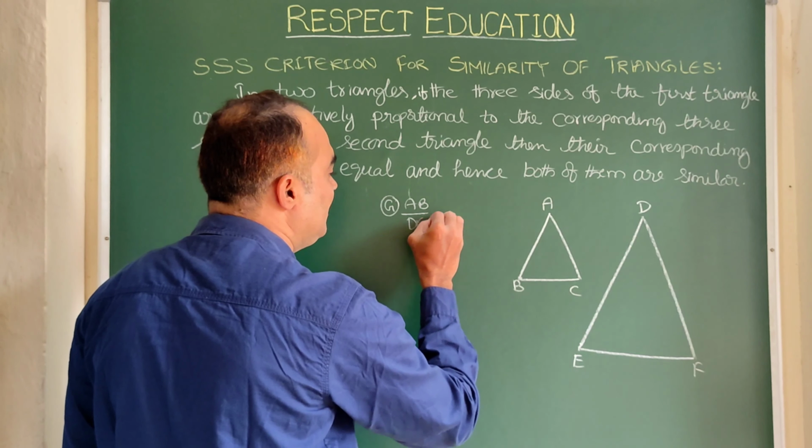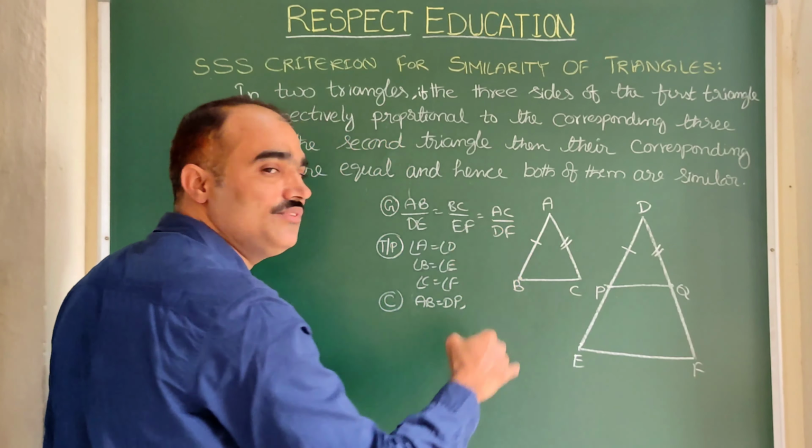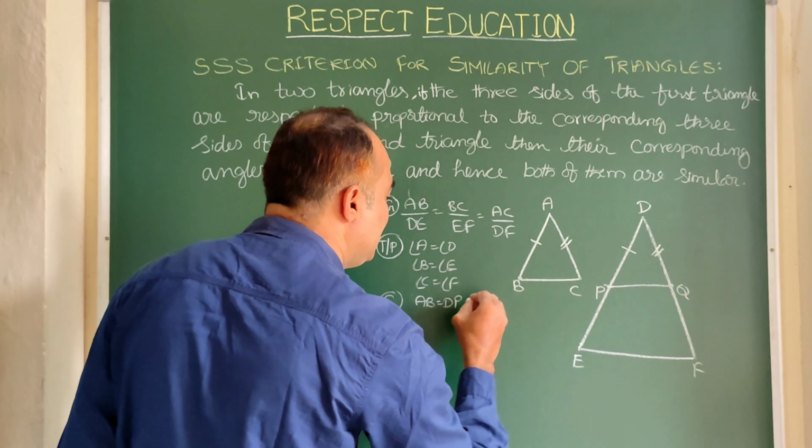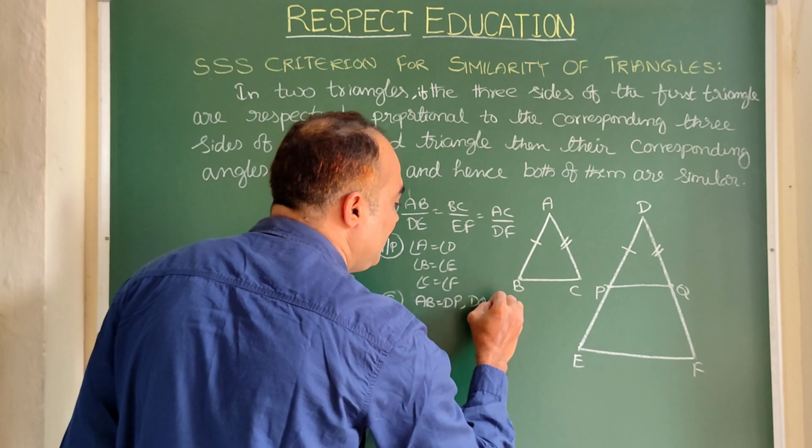DP is measured on the measurement of AB. In the same way DQ is equal to AC. Join PQ.